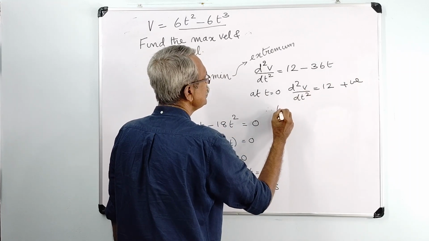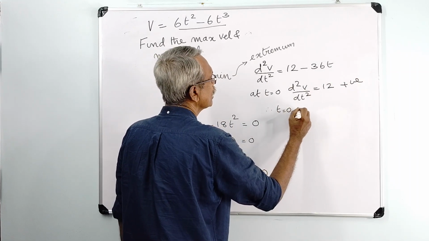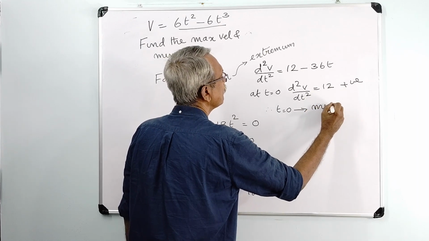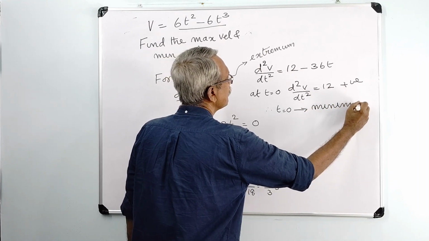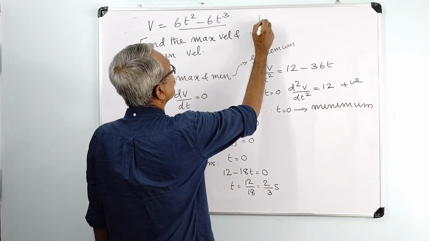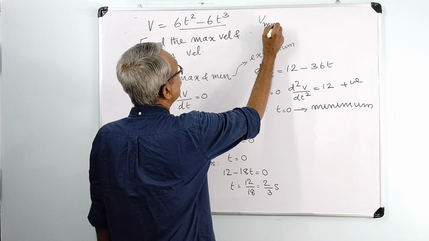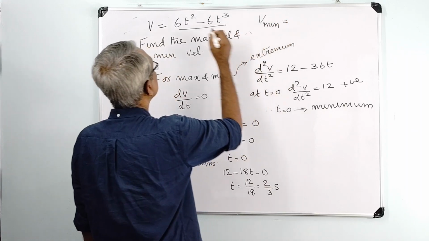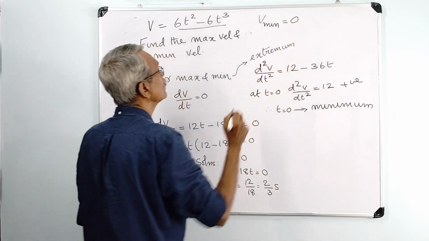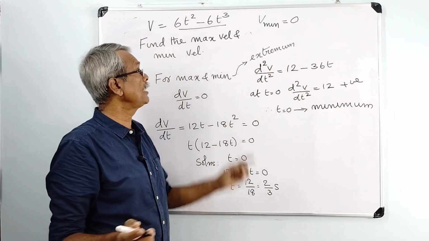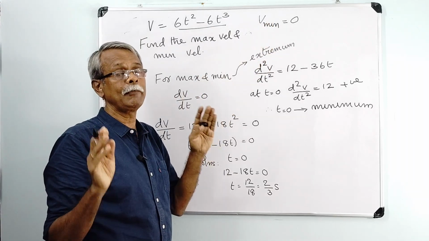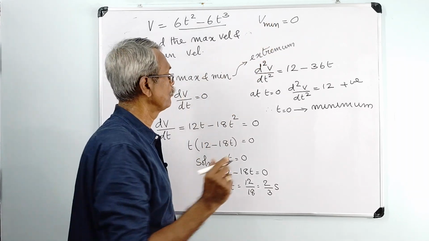Therefore, t equal to 0 corresponds to a minimum. Therefore, V minimum is equal to, you put t equal to 0 here, that is equal to 0. So the minimum value of velocity for this motion will be equal to 0. The particle will be at rest. That is the minimum value.